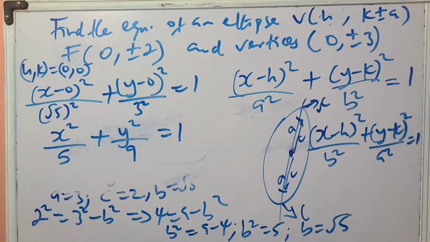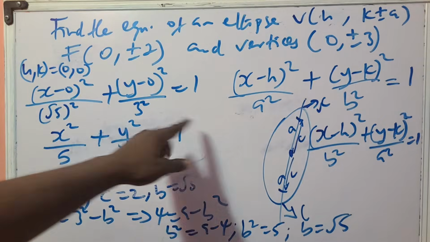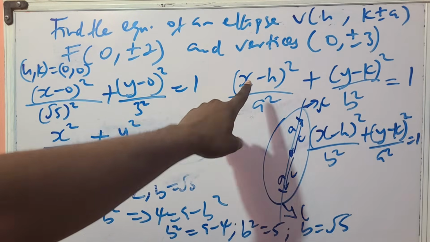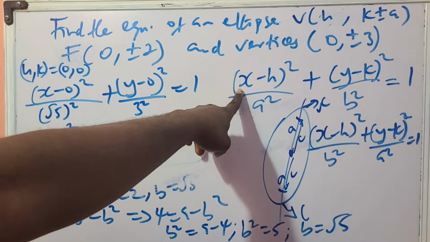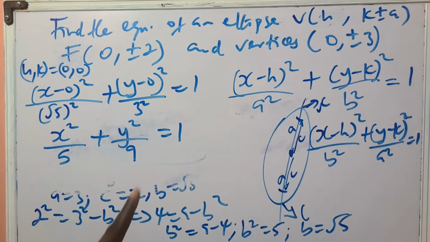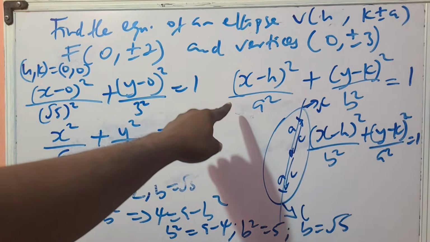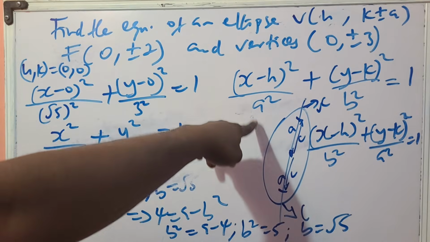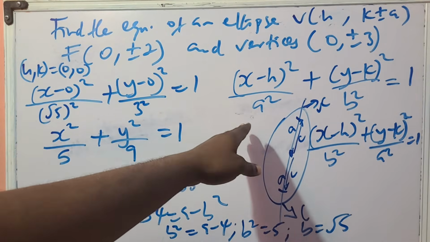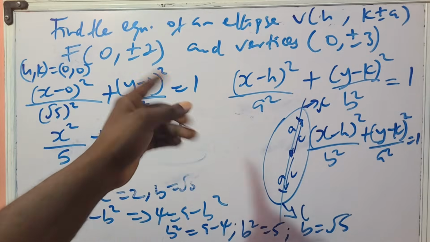So this is the equation of the ellipse. One very important thing you need to note, I said it before, let me say it again: if you use this first one, where you are making x the longer side, because don't forget, one of the basics of ellipses is that a square is always on the basis of the longer side.